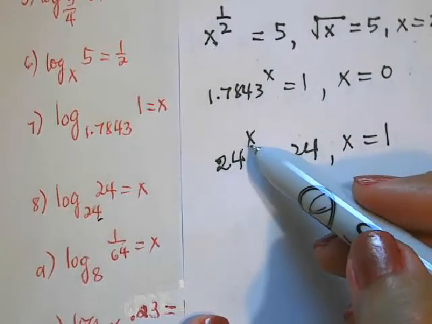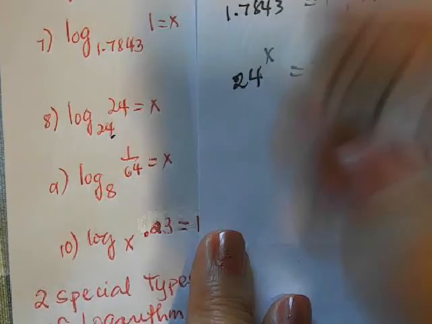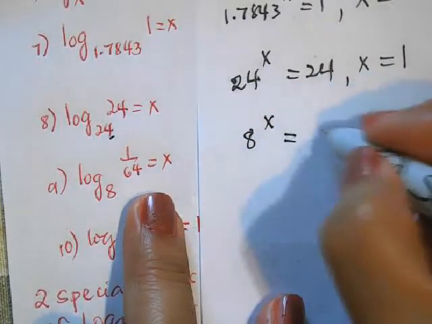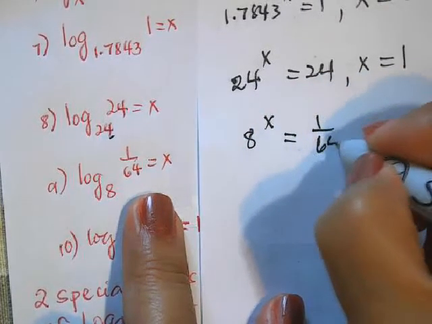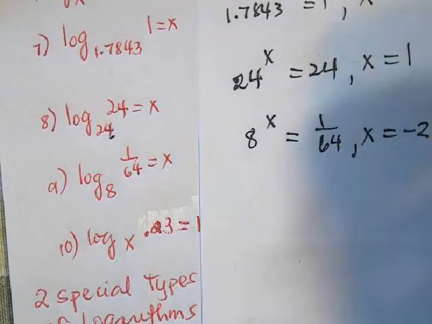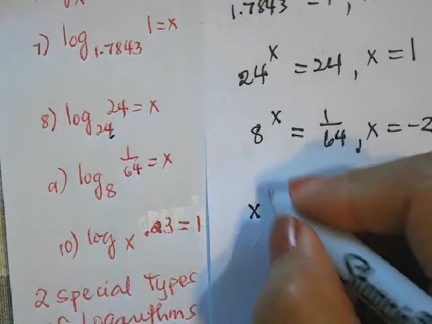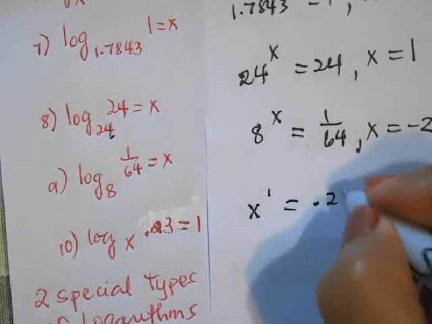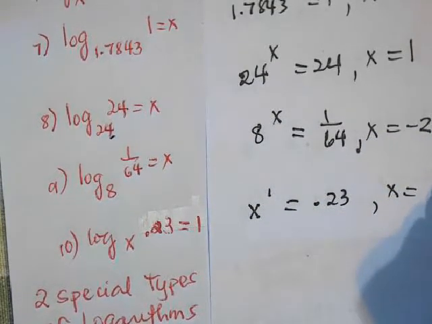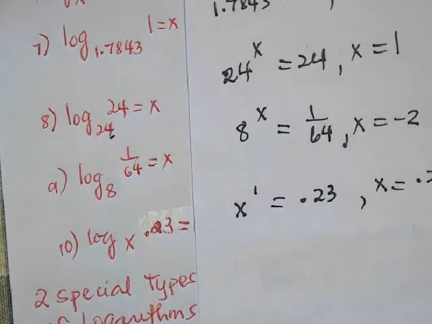So sometimes we look for the exponent, sometimes we look for the base, depending on where x is placed. 8 to the power x is 1 over 64. x is negative 2. And the last one, x raised to 1 is 0.23. Therefore, x will be 0.23.